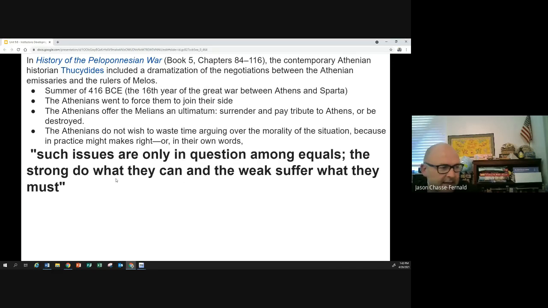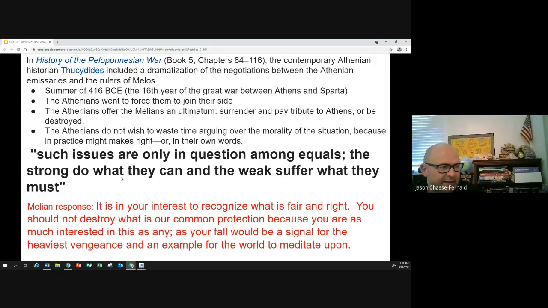And the response from the Melians: "It is in your interest to recognize what is fair and right. You should not destroy what is our common protection, because you are as much interested in this as any. Your fall would be a signal for the heaviest vengeance and an example for the world to meditate upon."